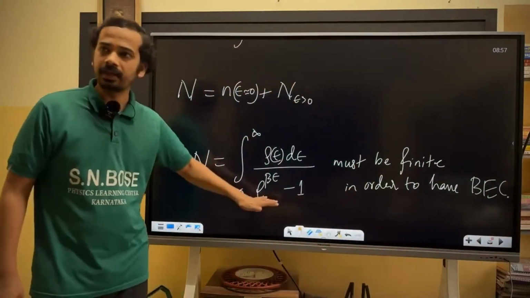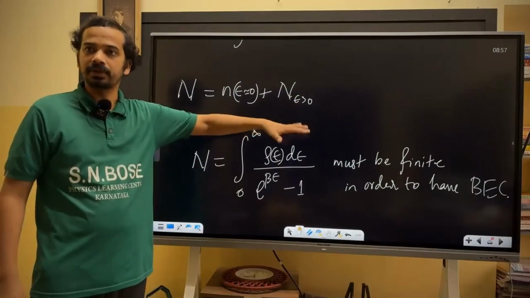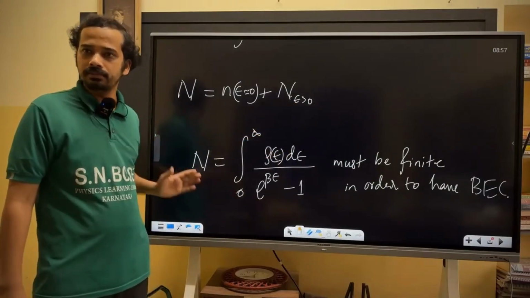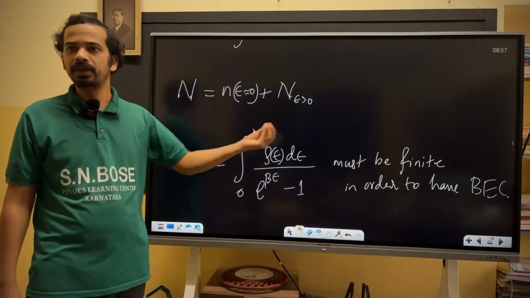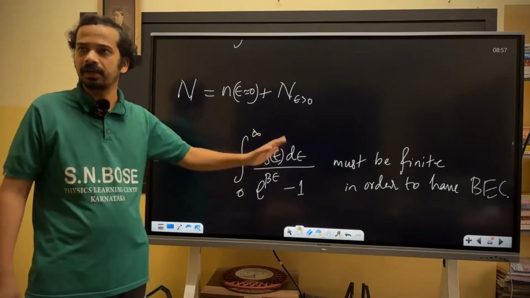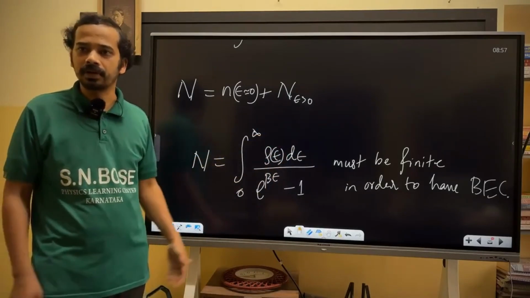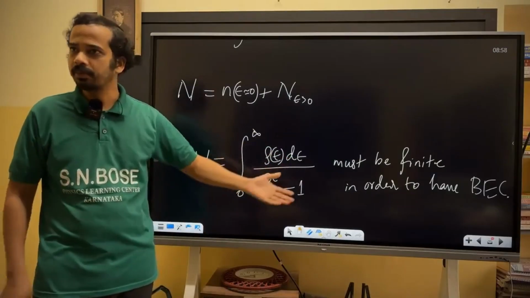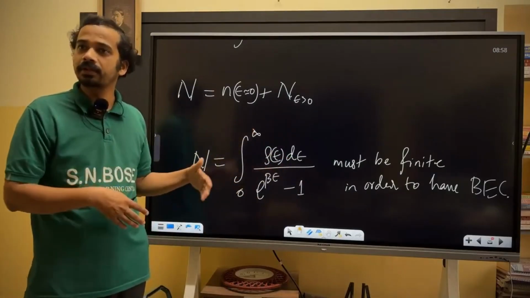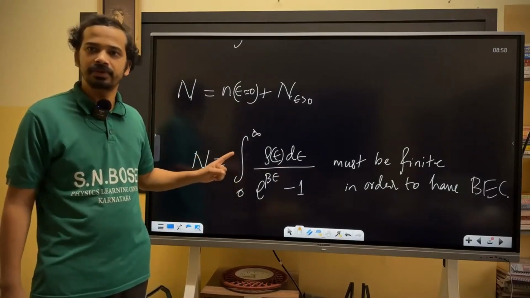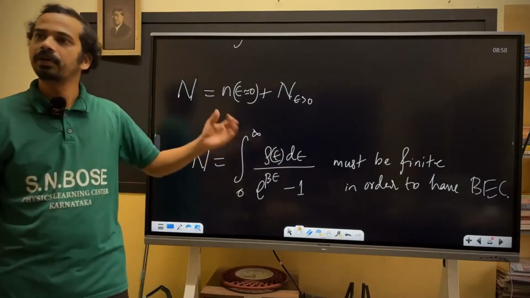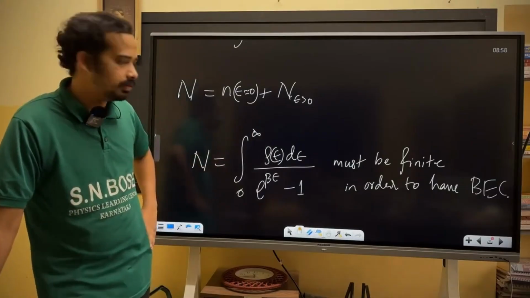This became finite and depending on temperature, that was the problem. The total number of particles should be fixed, only some material dependent quantity, and it should not be time dependent. If it depends on temperature and keeps decreasing as you lower the temperature, where are those particles going? That means this expression was not taking care of particles in the zero energy state.